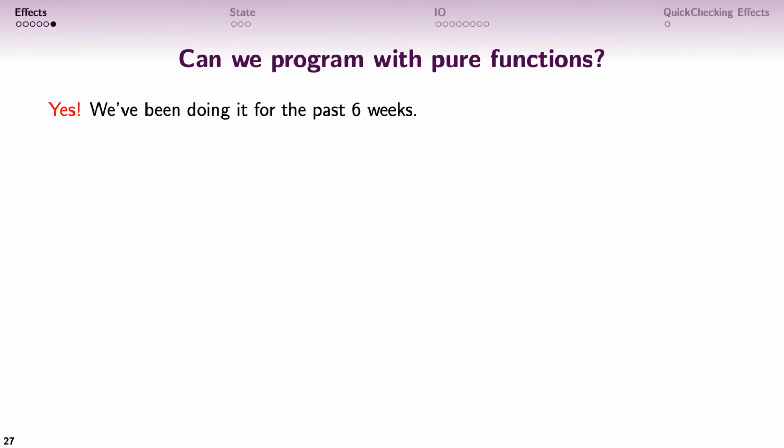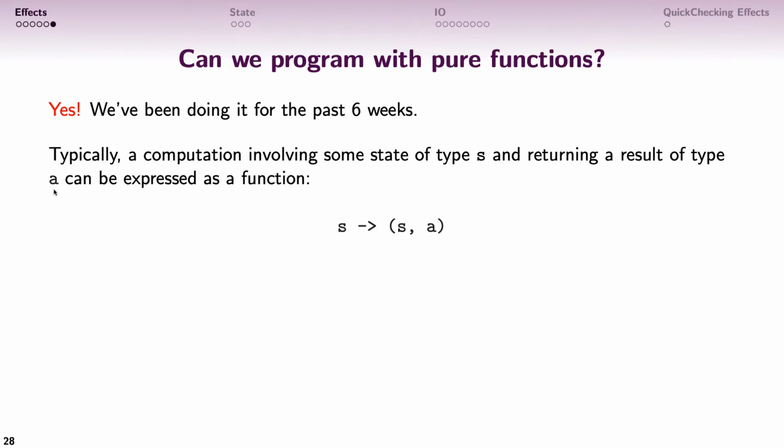So if we have a program that is stateful in some way, that might manipulate some external state, then we can write that computation in a pure way as a function that takes in a state, S, and returns a new state, also of type S, as well as whatever result it was going to return. This is what's called a state transformer.